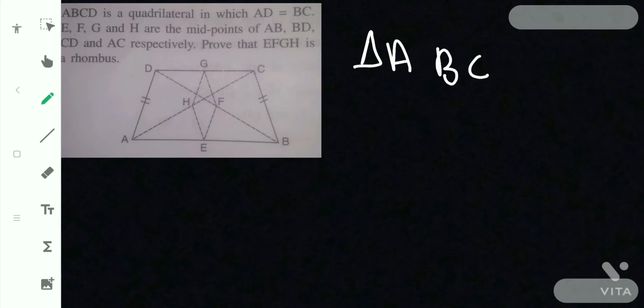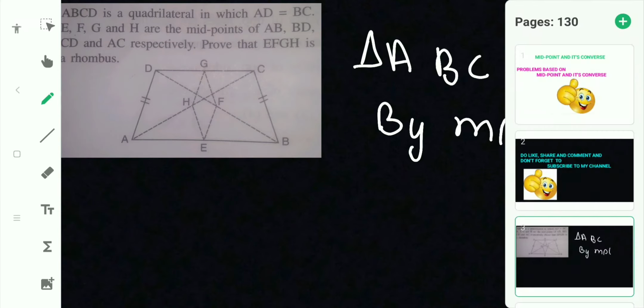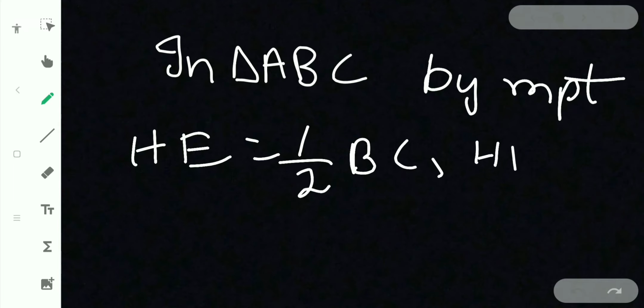So again by midpoint theorem, HE, as it is joined by a line, will be equal to half of BC and parallel to BC. So HE will be equal to half of BC, and HE is also parallel to BC.